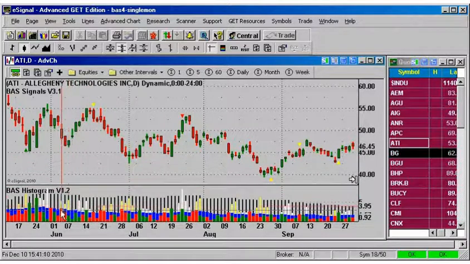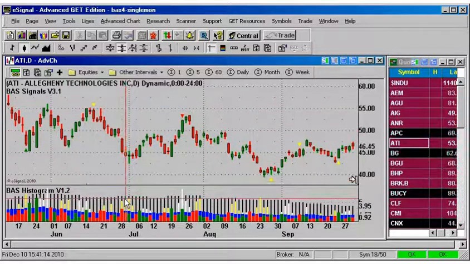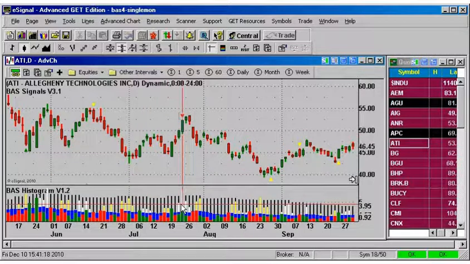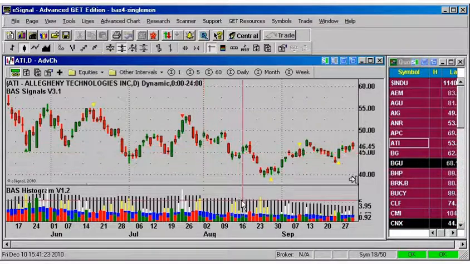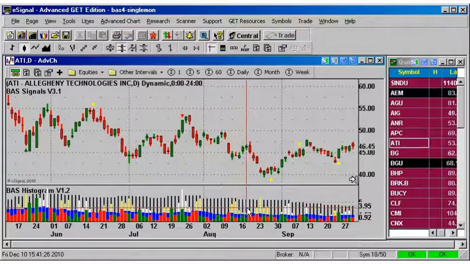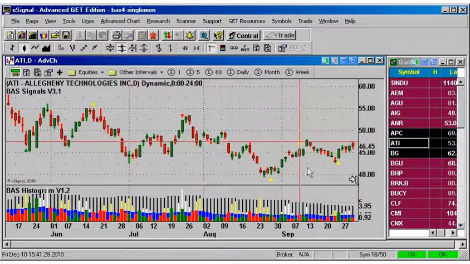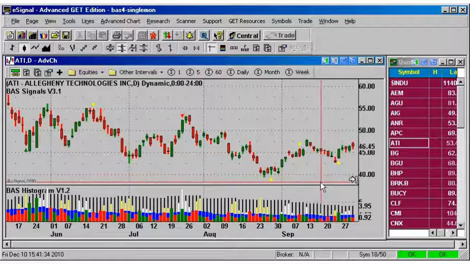Yellow and red, like here, price will go up, and it does. Yellow and red, price will go up, it does. Green and white here, price goes down, it does. Yellow and red, up. Yellow and red, up. Green and white, down.